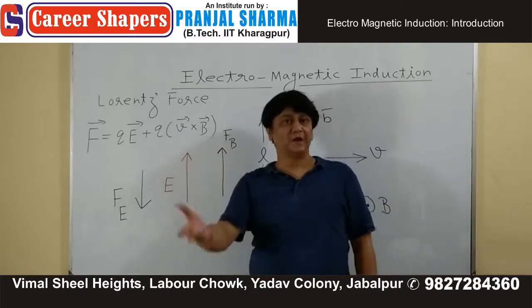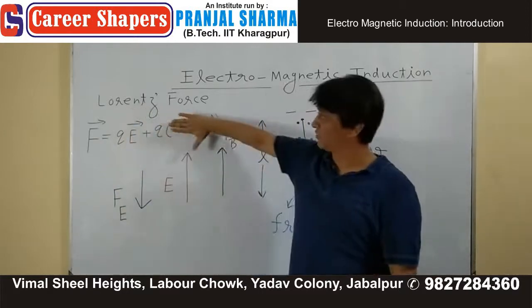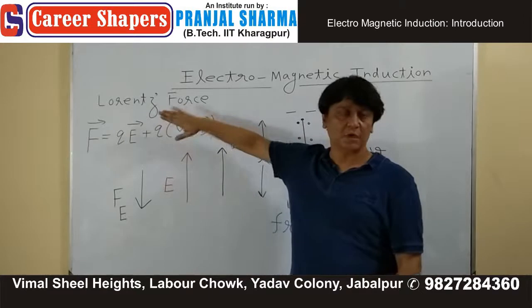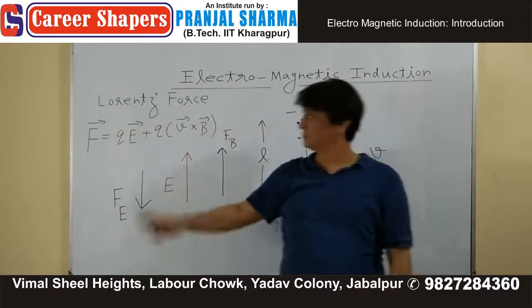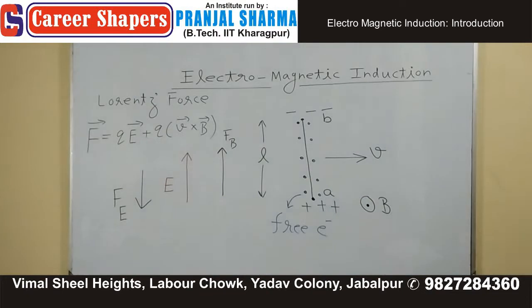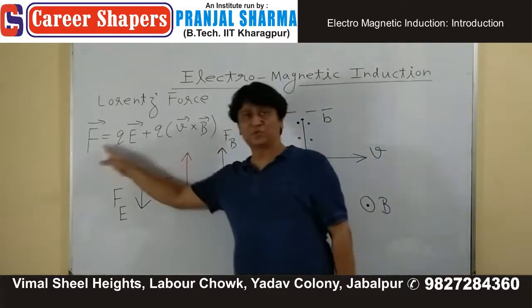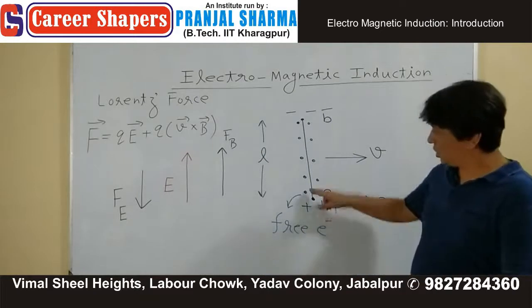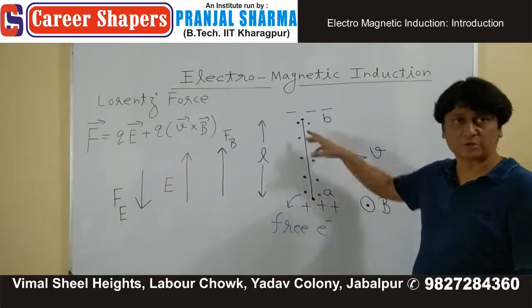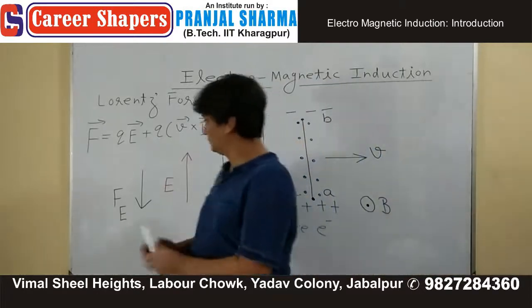If only magnetic field is present, forget about this. If only electric field is present, forget about this. If they both are present, note down both these things. So, this is the Lorentz force on these free electrons at equilibrium.